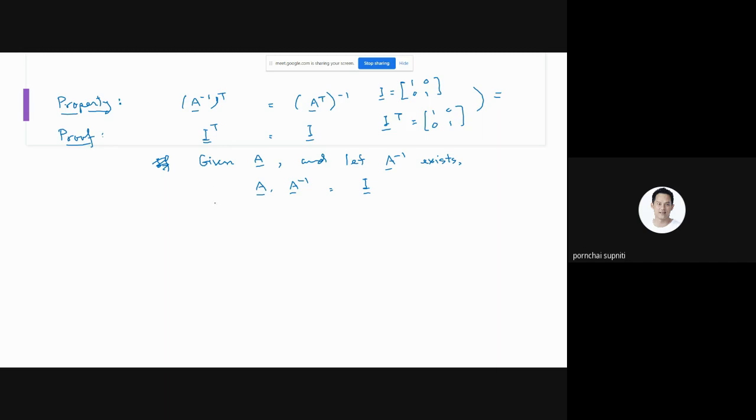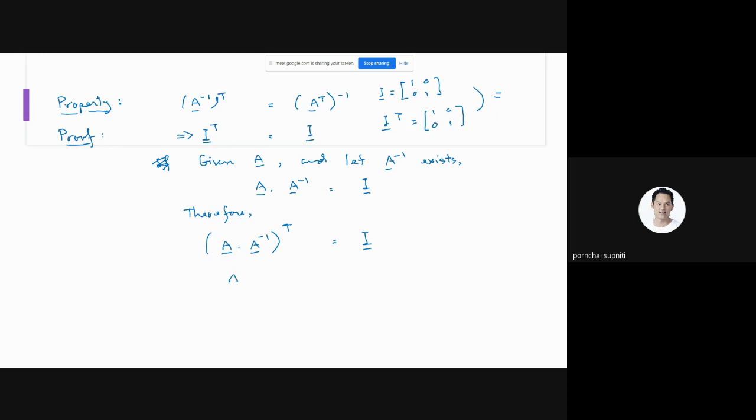So from the first line, I write I transpose as A multiplied with A inverse, transposed, and this will be equal to identity, depending on the dimension of matrix A. I use the property we had earlier that if you transpose a product, you have to transpose each matrix but switch the order.